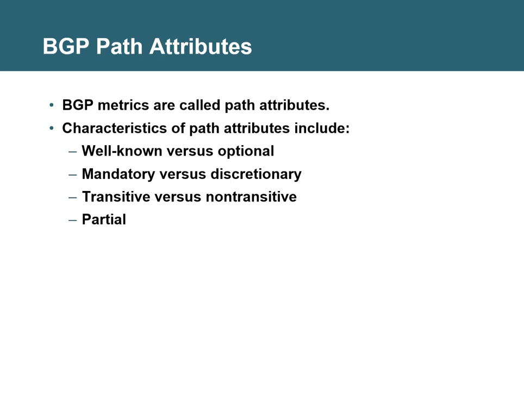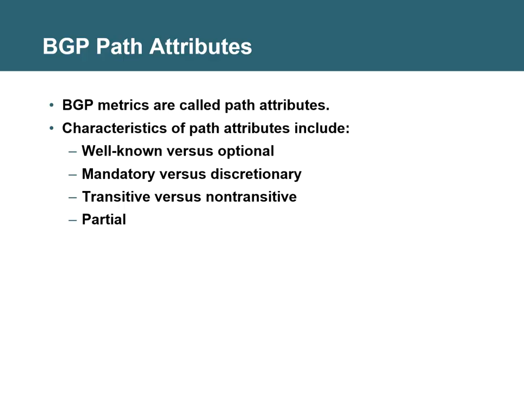Now these attributes, based on their characteristics, are classified into different categories. Well known, meaning popular. Mandatory means must. Discretionary: may be present, may not be. Transitive: distributed.